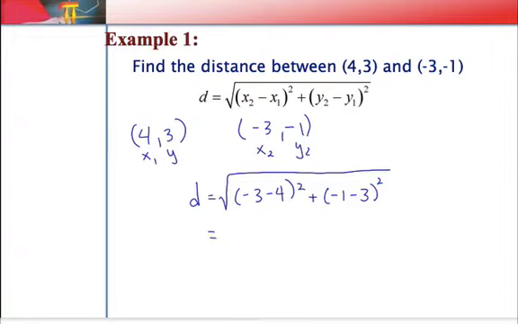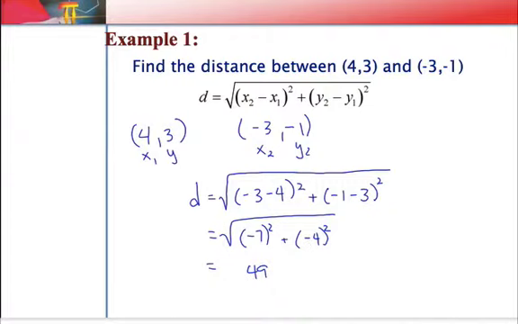So let's use the correct order of operations. Negative 3 minus 4 is negative 7, and then negative 1 minus 3 is negative 4, and then we're going to square that, and then we're going to take the square root. So negative 7 squared is negative 7 times negative 7, that's positive 49.